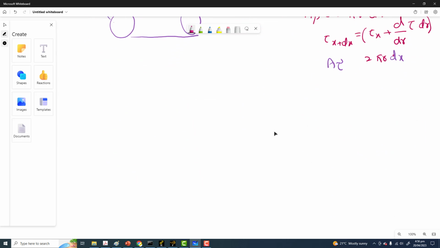Now I will apply the force summation, and this should be equal to 0. For the pressure force, we have 2 pi r dr, this is the area, into P at the location x, and this is in the positive direction.